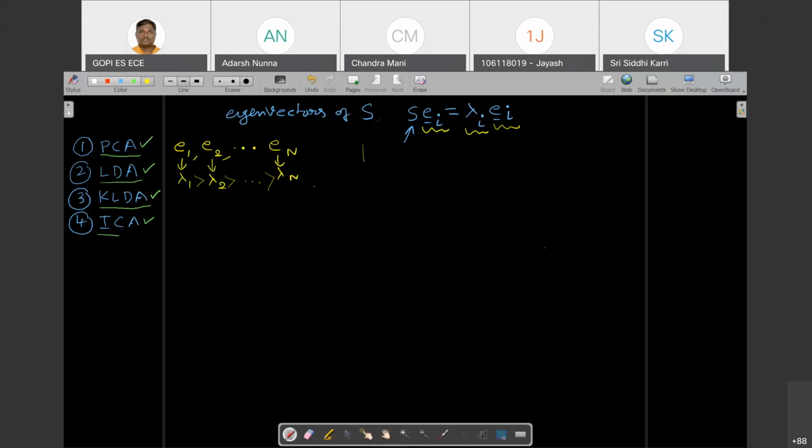The interesting point: I will write that expression here. y is b transpose x, where x is m cross 1 and y is n cross 1, so b transpose is n cross m.